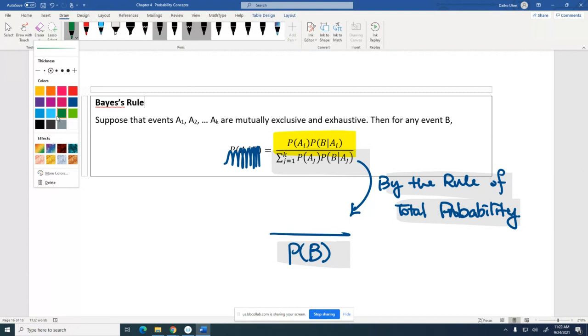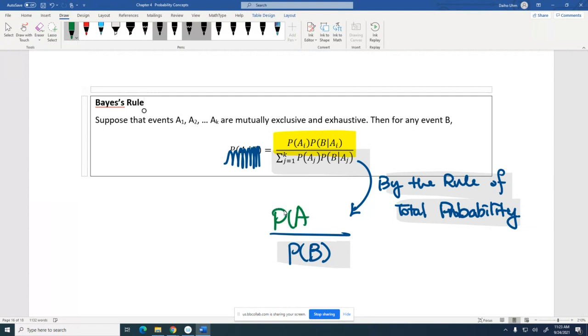So now I can rewrite the numerator as the probability of A and B again. How? By the general multiplication rule.